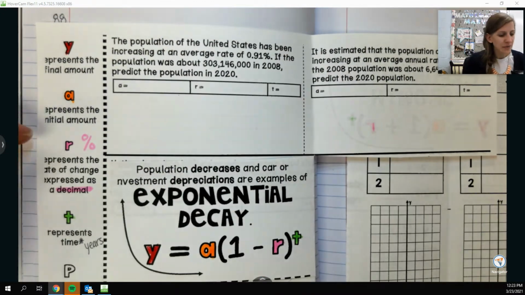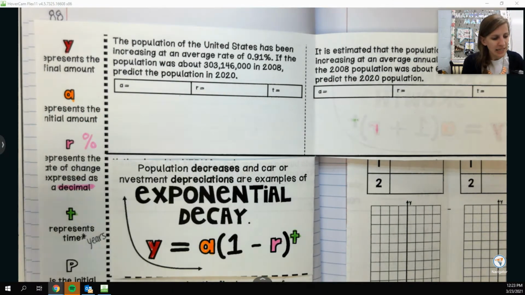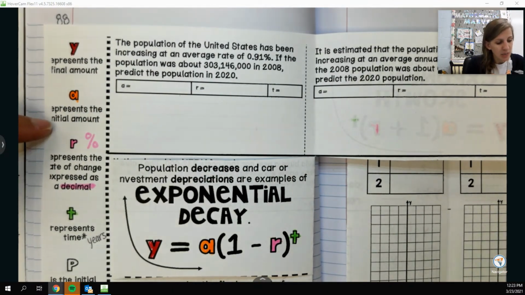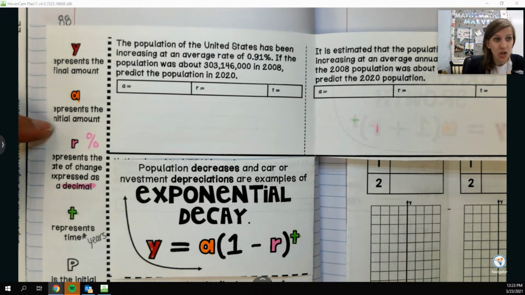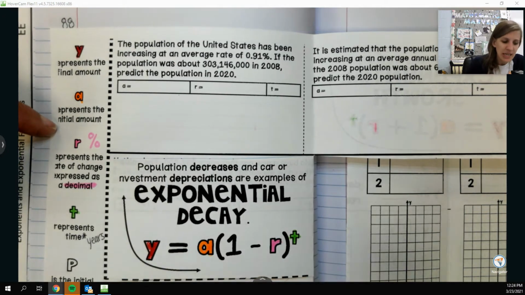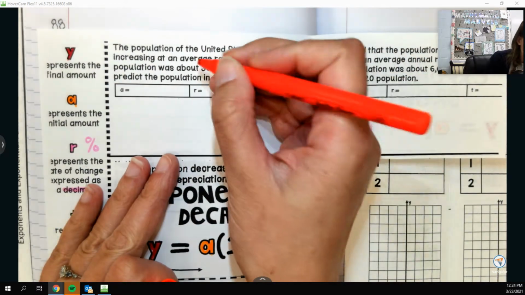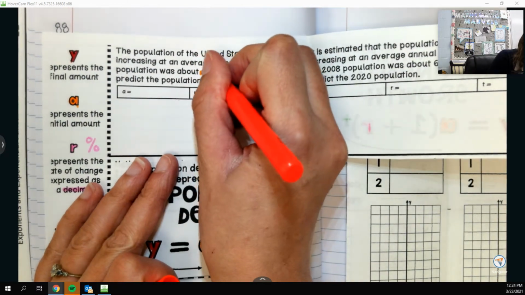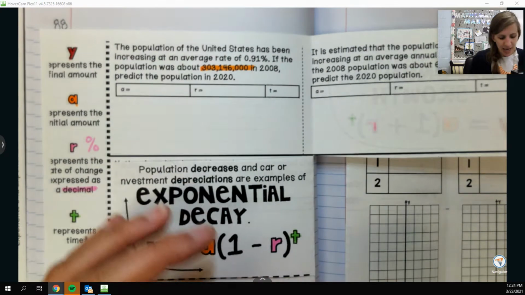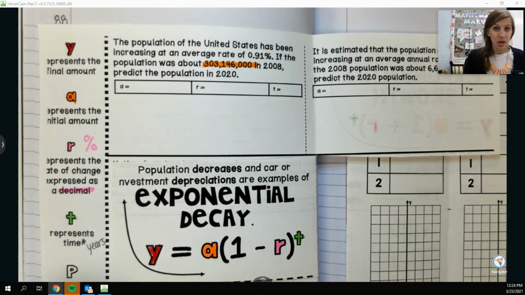But let's go through and find our values. So we want to find A, R, and T. So A, again, represents my initial amount, the starting amount, which since this story is all about population, in this case, my starting population for the year that they're talking about is that 303 super huge number.